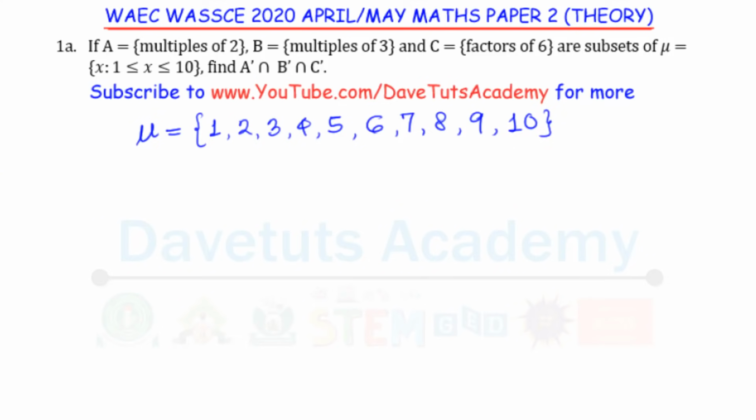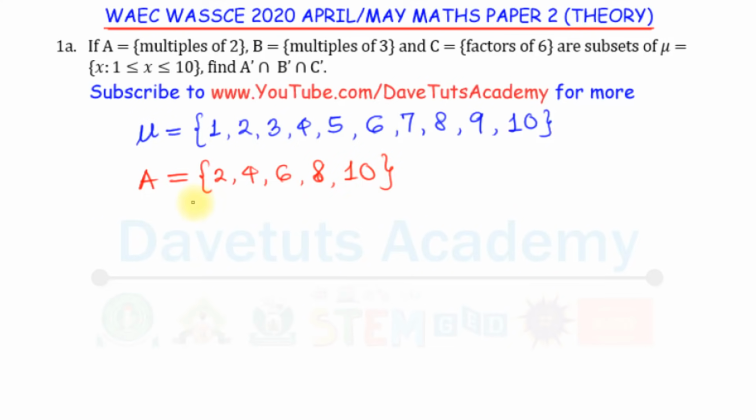Then we can go ahead to define all that we are given. In the first case, A is given to be the multiples of 2. Looking at this universal set, what are the multiples of 2 that we can have here? 2 multiplied by 1 is 2, multiplied by 2 is 4, by 3 is 6, by 4 is 8, and by 5 is 10.